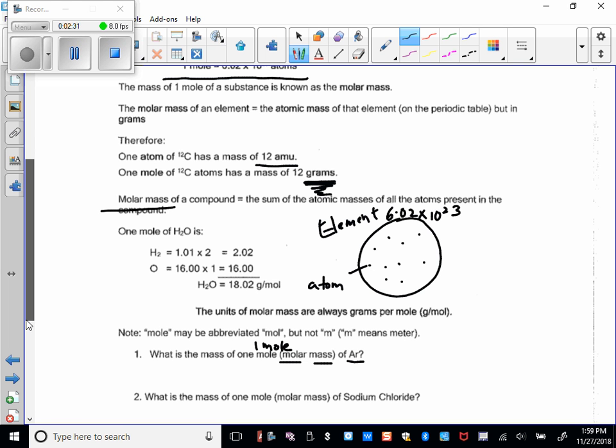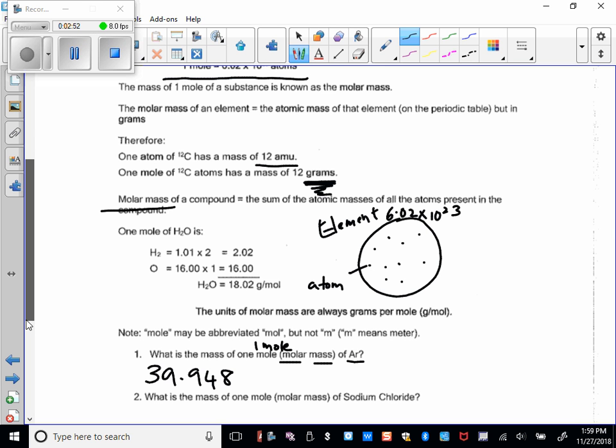What is the molar mass of argon? From where do we get this? The atomic mass becomes the molar mass, right? And what is that mass of argon? 39.948. 39.948 is what is reported on the periodic table.